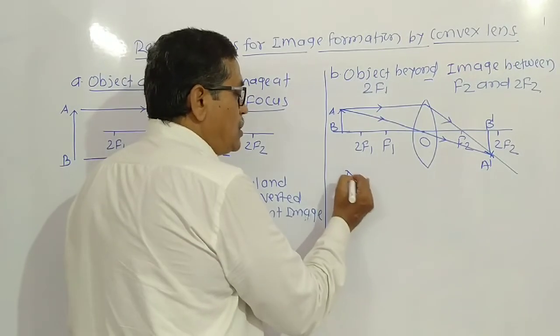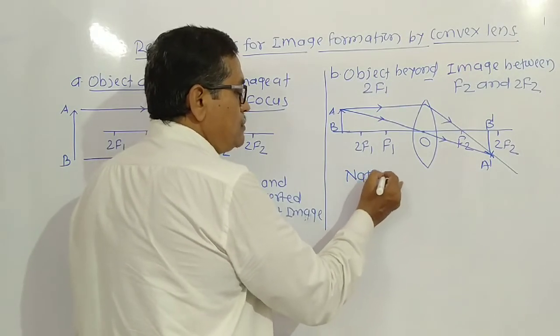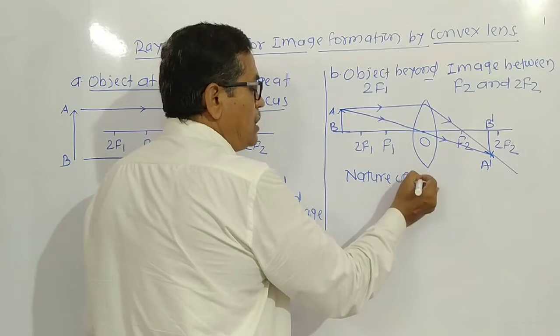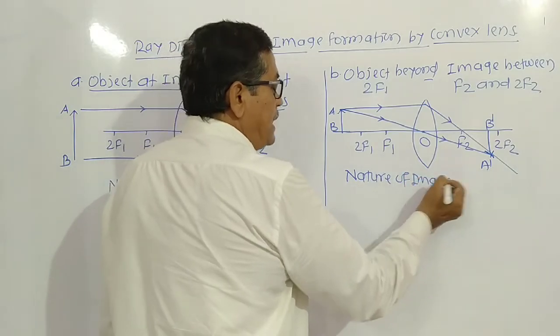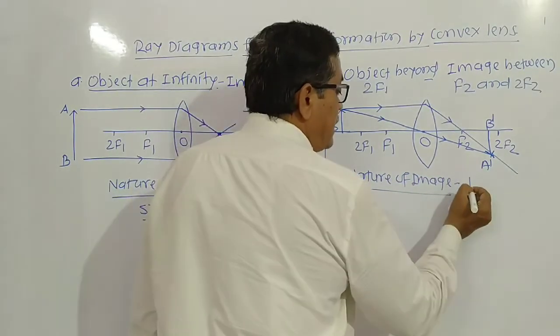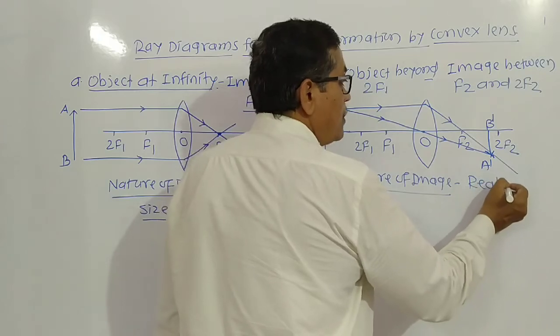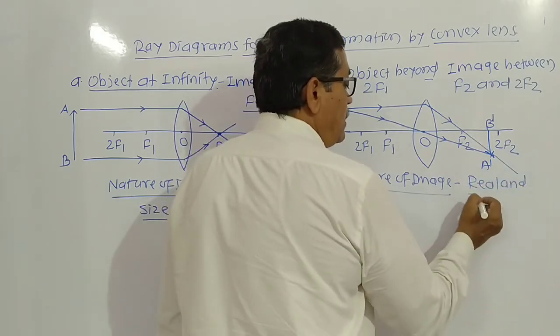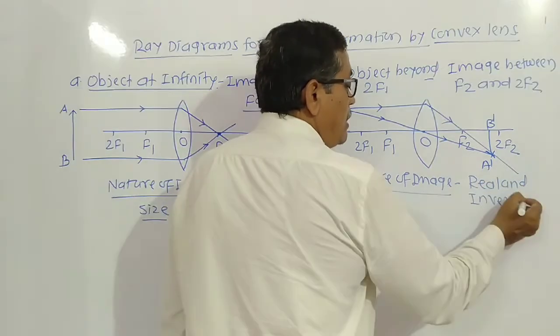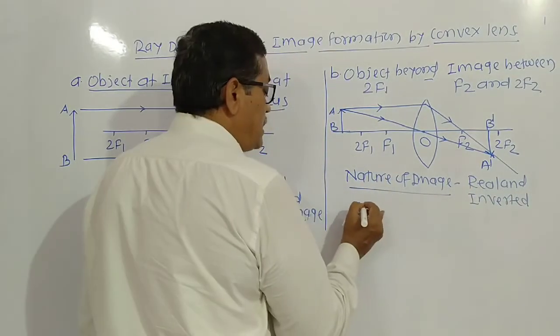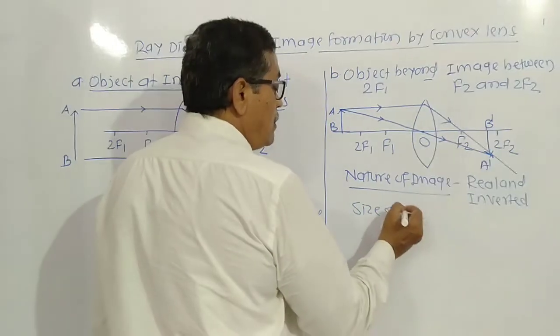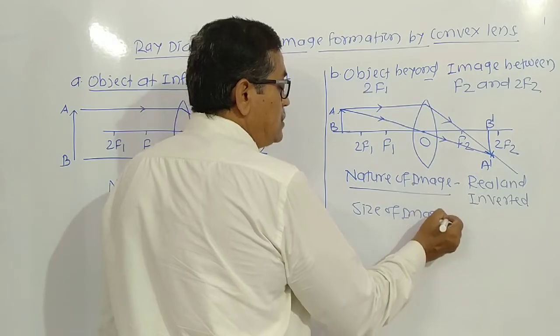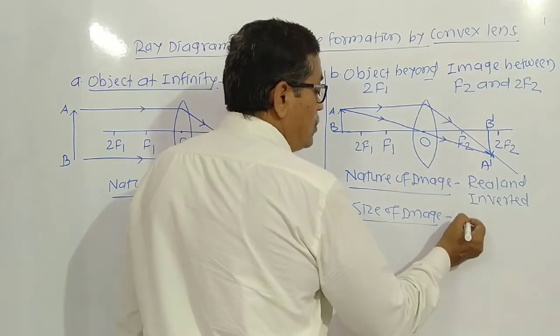What is the nature of image? Nature of image, that is real and inverted. And what is the size of image? Size of image, that is smaller than object.